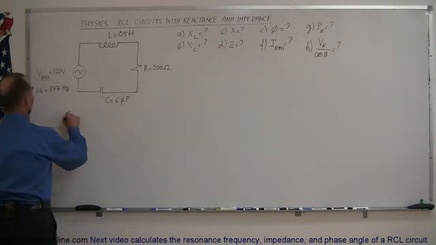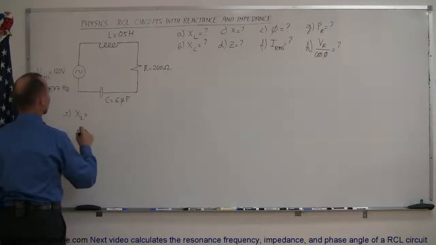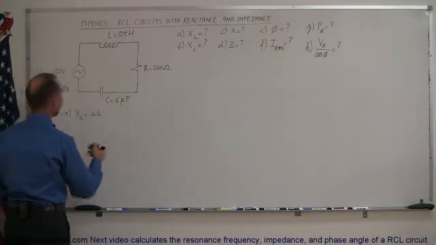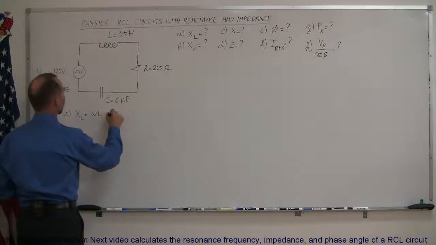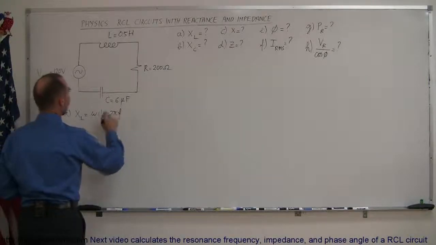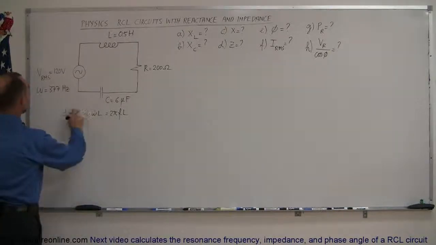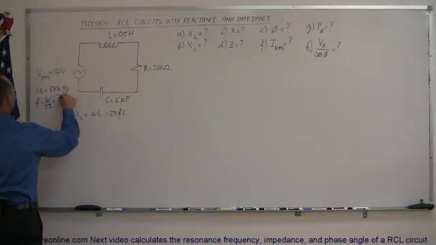We're supposed to find the inductive reactance, and by definition the inductive reactance is equal to omega times L, and omega is equal to 2 pi times the frequency. So you can also write this as 2 pi f times the inductance L. Now, to find f, we can say that f is equal to omega divided by 2 pi, and omega is 377 hertz.